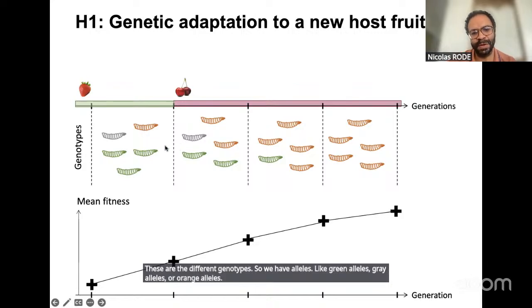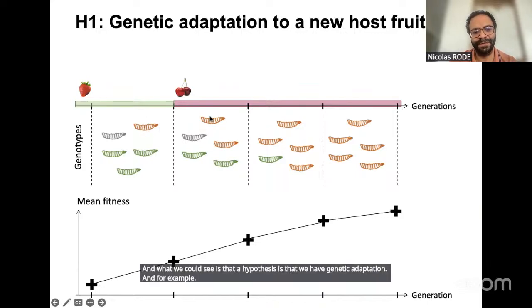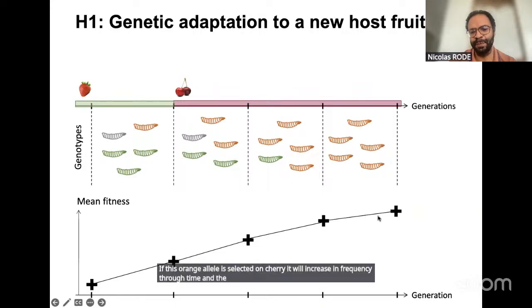Okay, and what we could see is that, a hypothesis is that we have genetic adaptation. And for example, if this orange allele is selected on cherry, it will increase in frequency through time, and the mean fitness of the population will increase on cherry across generations.